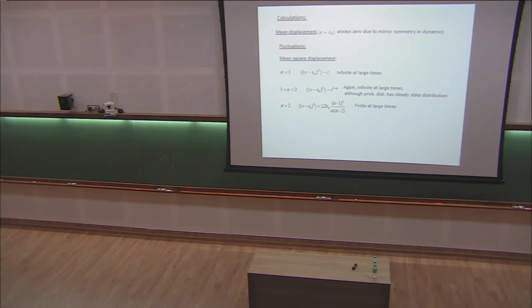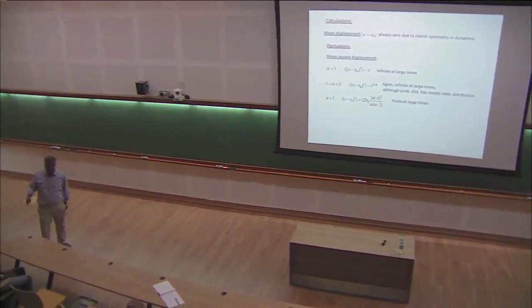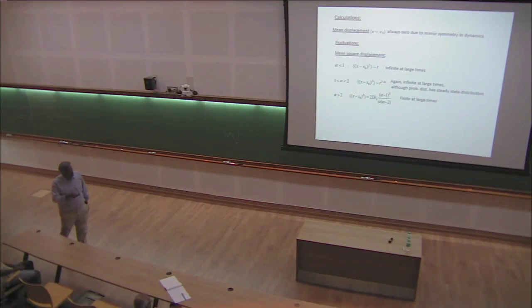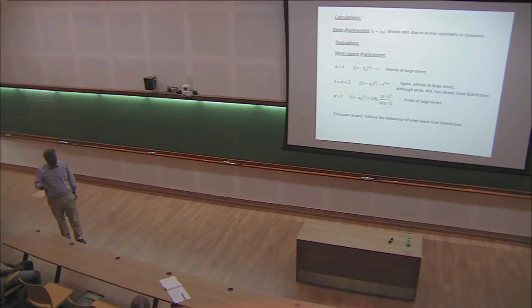And so this part here is interesting because this is saying that although there is a steady state time independent probability distribution, the x square is still infinite at large times, and that's again to do with the property of the power law itself, because for alpha smaller than 2, the second moment of the power law is infinite, and it becomes finite only at large t. So though you have a finite mean, you can go very, very far from the steady state distribution.